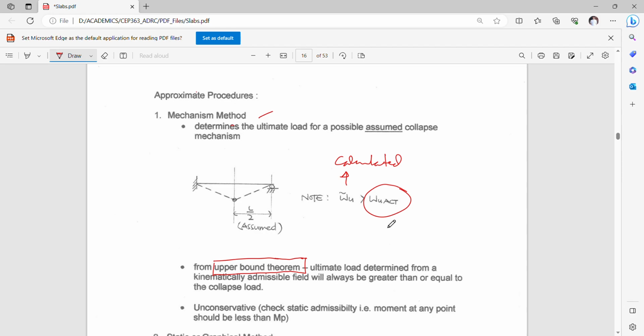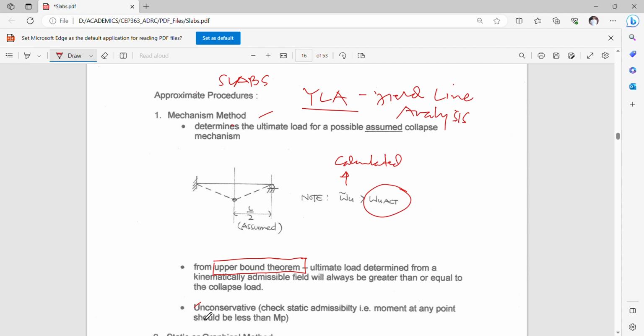And in this particular slab analysis, this method pertains to the yield line analysis for slabs. So we're talking here of slabs.